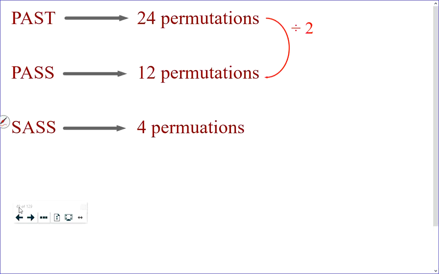Well, to go from 24 to 12, you divide by 2. And to go from 24 to 4, you divide by 6. But where is the 2 coming from? And where's the 6 coming from? Well, you can reason this out with a little bit of logic, but the 2 is actually 2 factorial. And the 6 is actually 3 factorial.